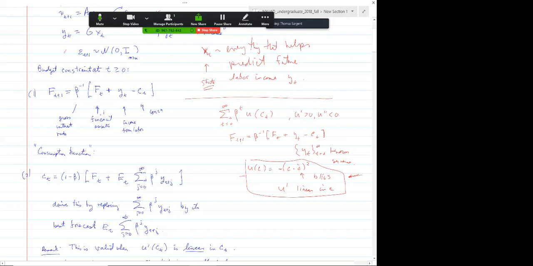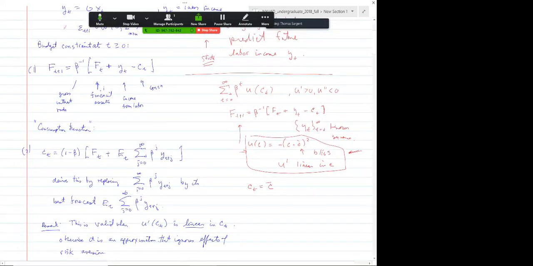Okay, whether or not I impose this, if I solve this problem, before we got, what did the person do? Completely consumption smooth. He said this equal to C bar, and we had a formula for C bar, and I want to put it right here. The formula we got for C bar was 1 minus beta F0 plus, actually, we got a formula that we could write like this.